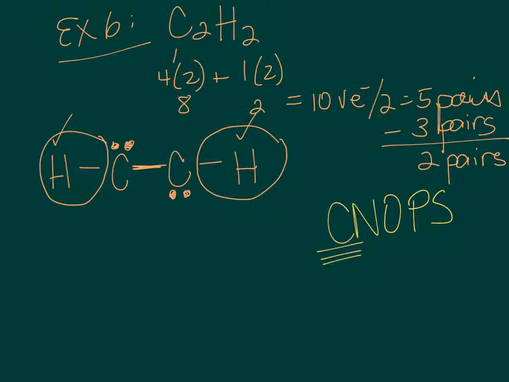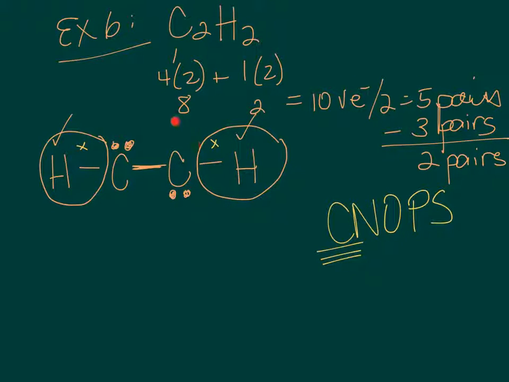Carbon's on the list. So we're saying that he tends to move electrons to form multiple bonds. You can't move anything inside these hydrogen circles because they're already full with 2. So nothing can come inside those circles. So I've got to move electrons that are on this middle portion here so I can get 8.